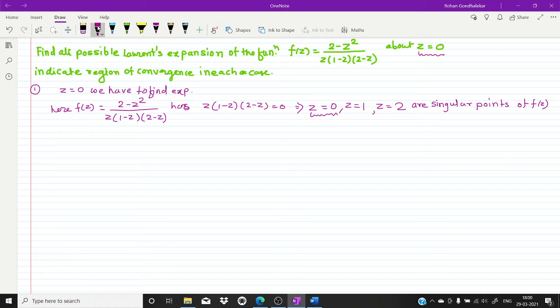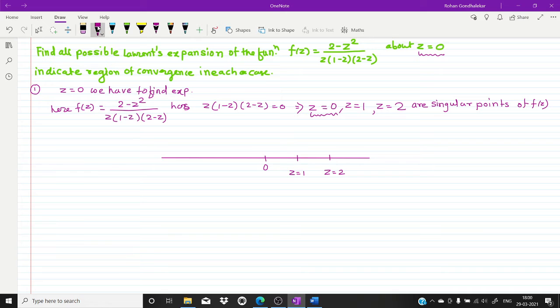Now what I'm going to do is plot only the horizontal axis, straight line. Now we mark 0 here. Then we mark z is equal to 1 and then z is equal to 2.